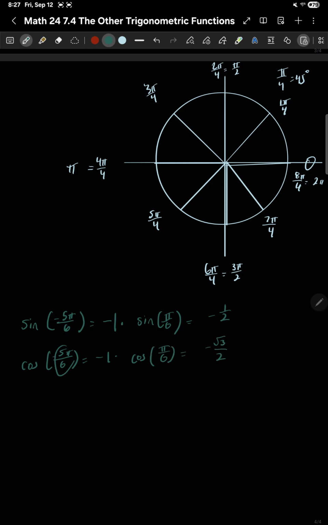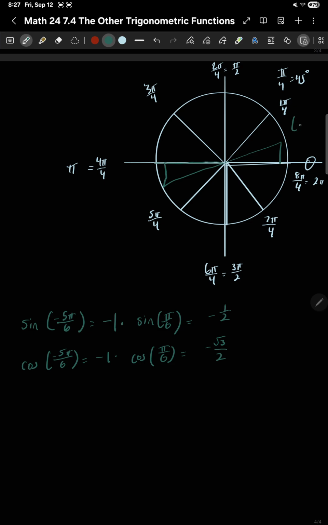And it's not because the angle is negative. It has nothing to do with that. It's just that the triangle in the first quadrant in 5 pi over 6 is here, and with negative 5 pi over 6, it's in the third quadrant. So it's the same triangle, just orientated differently.